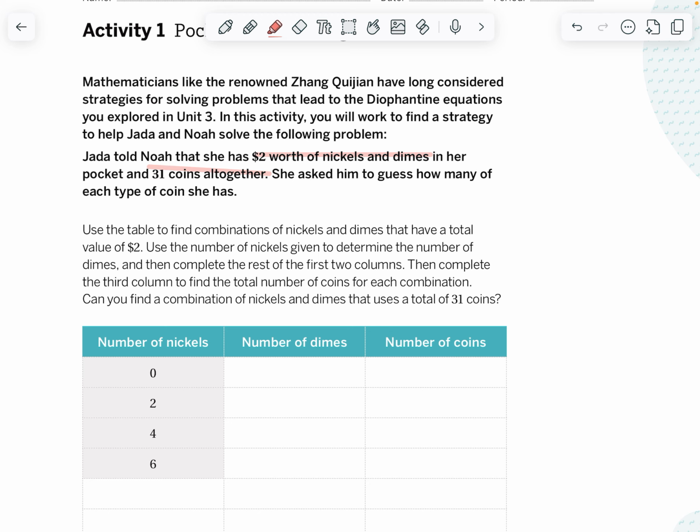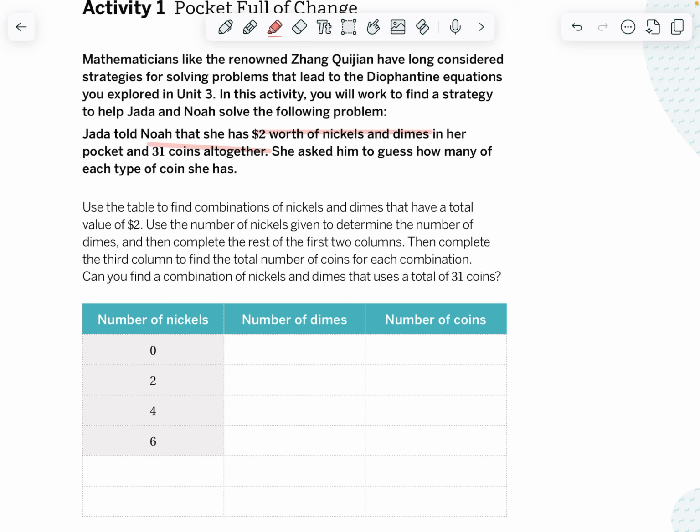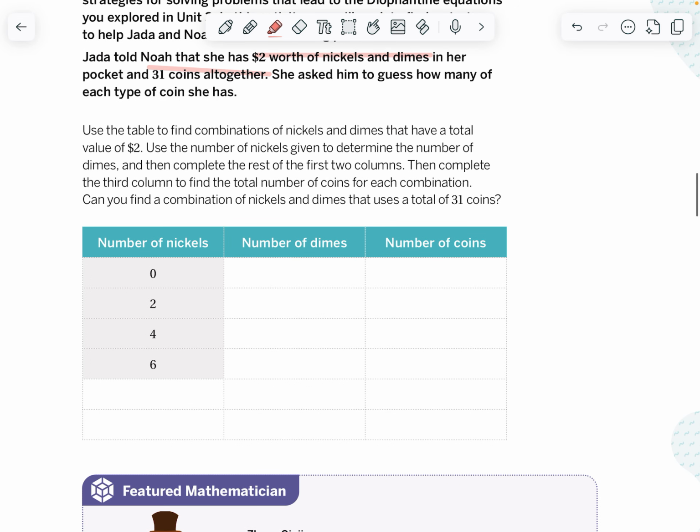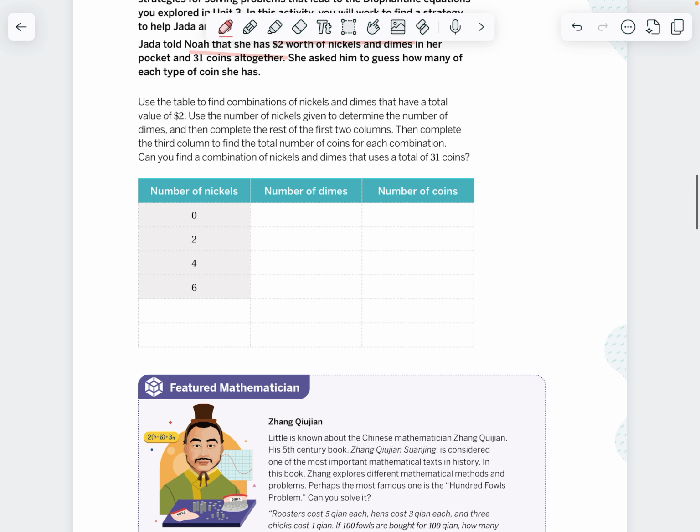You're going to start in the first 5 rows with this pattern of 0 nickels, 2 nickels, 4 nickels, 6 nickels, and you're going to figure out the dimes. You're then going to continue that pattern, keeping in mind that they have to total $2 and you have to have 31 coins altogether. In the first one, go ahead and pause this and then fill this out.